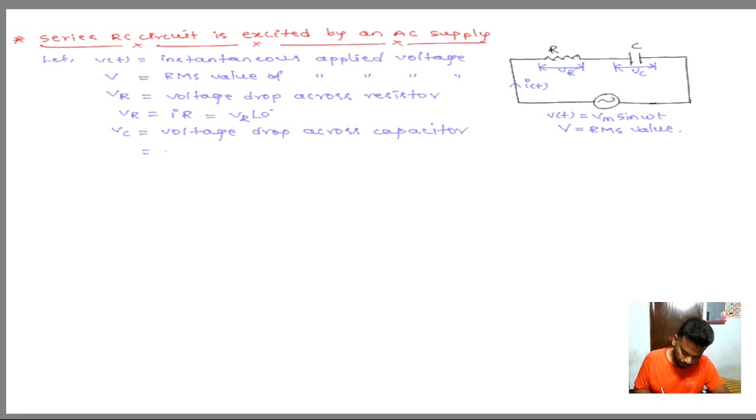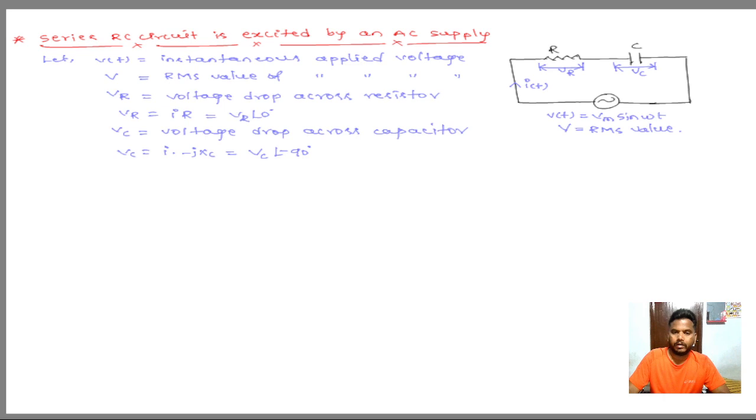That is equal to I into minus jXC, where minus jXC is the impedance of the capacitance. Then we can write VC at an angle minus 90 degrees. Minus j indicates minus 90 degrees. These are from the circuit.